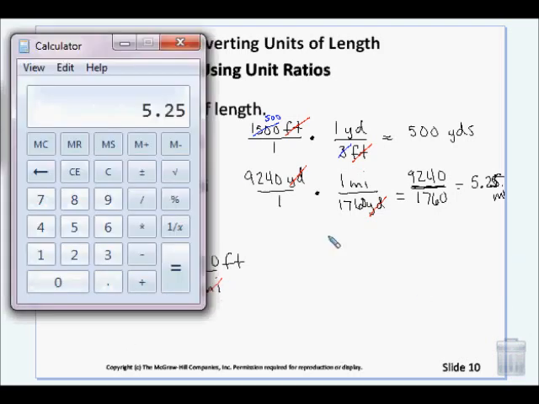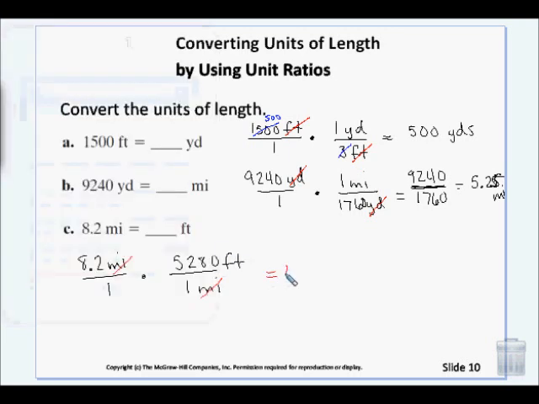And so then I do 8.2 times 5,280. So if you were to walk 8 miles, it's 43,000 feet. Multiply.